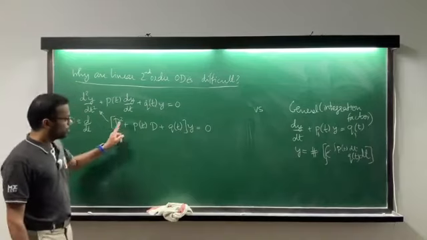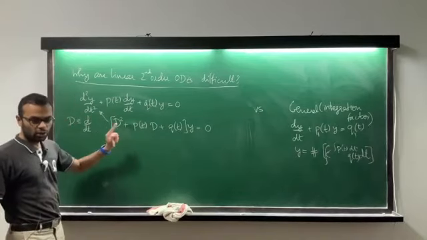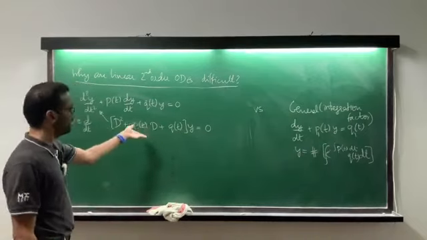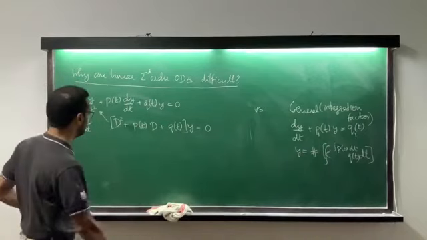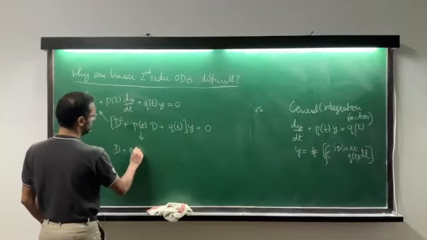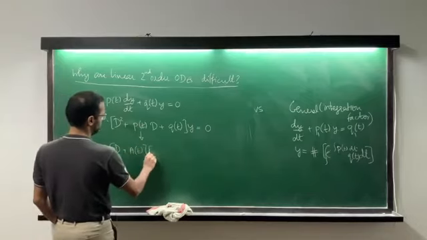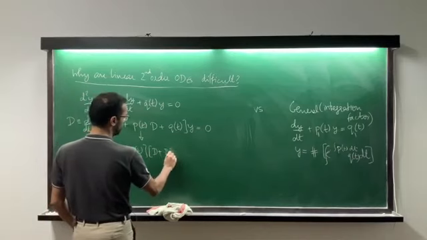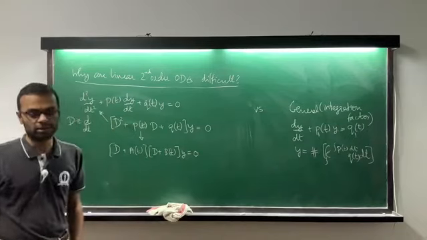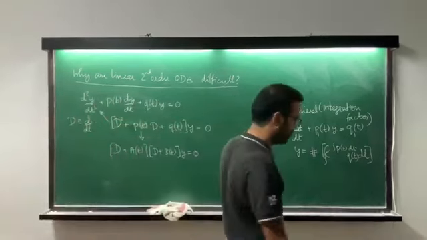So this is quadratic in D, thought of in terms of this derivative operator, and then you could say, okay, this is quadratic, maybe I can factorize it, maybe I can express this as D plus a of t times D plus b of t, the whole thing acting on y equals 0. That's one possibility, you could work that out. Yeah, that looks easy enough to do.